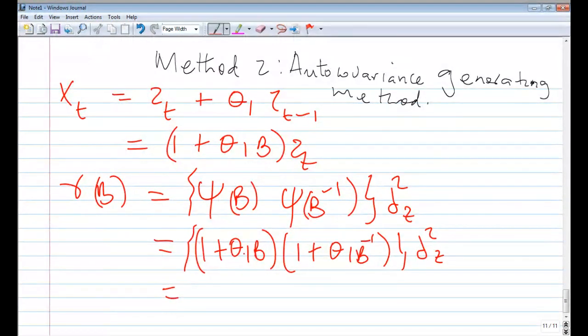Yes. From step number 2, to get the psi B, to get this one, you take everything within the brackets, that is this one, and put it here. So it's what I did. To get this one, you take everything within the brackets, but where there is B, you put B inverse. That is what I did. Then you close the brackets. Then you multiply by sigma squared Z.